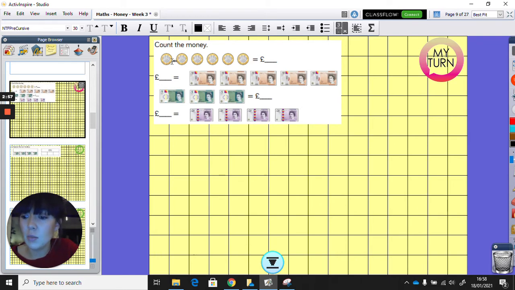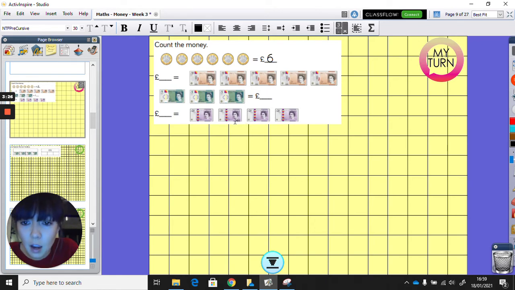The first thing is we're counting up in ones. It's not 1p, it's £1, which is 100p. But we can count up in ones, okay? And just remember to pop our pound sign at the end. So we're going to count up together. 1, 2, 3, 4, 5, 6. So it's not 6p, is it? It's £6. And when we write our pound sign, we always write it before our amount.